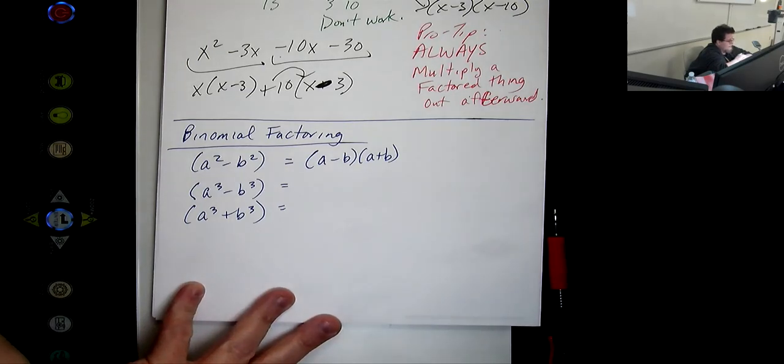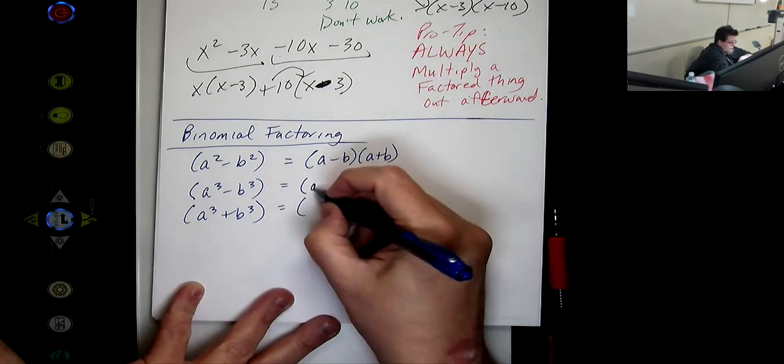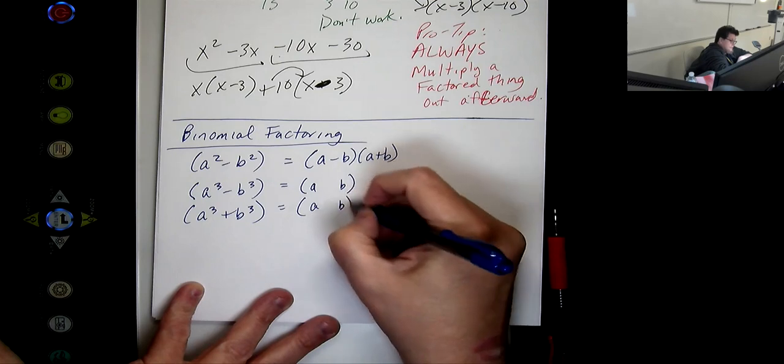These 2 have identical setups. So I'm going to show you the setup and show you what changes.